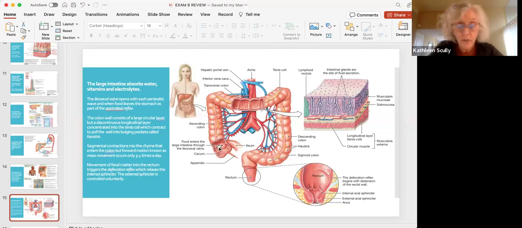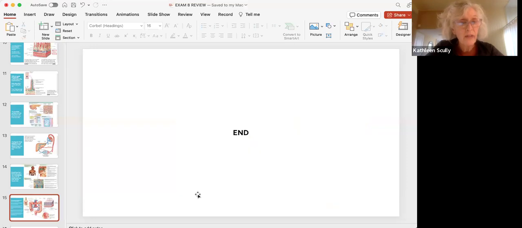Actual forward motion of matter through the colon is going to occur by what's called mass movement, and it's only 3 or 4 times a day that you're going to get this mass movement through the colon. And then eventually the fecal matter is going to arrive in the rectum, and that's going to stimulate the defecation reflex. Okay, all right, that's it for review of exam 8.